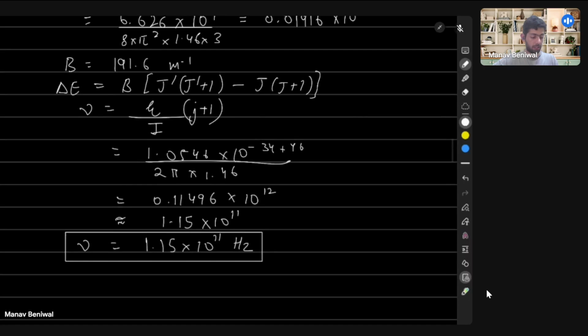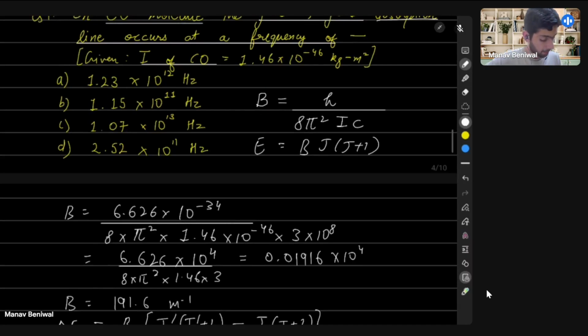Okay, so I missed out on one formula which I'll write here. So the formula is, this is the formula for moment of inertia.